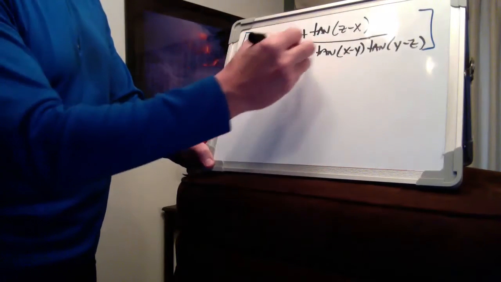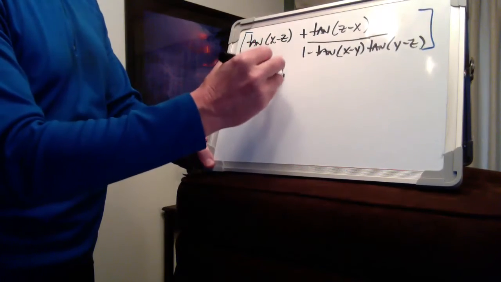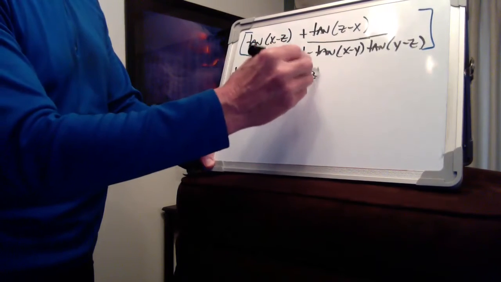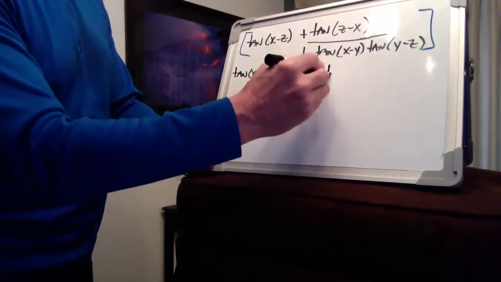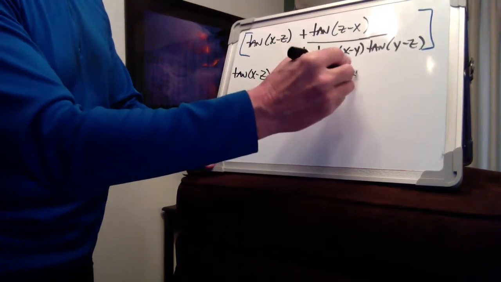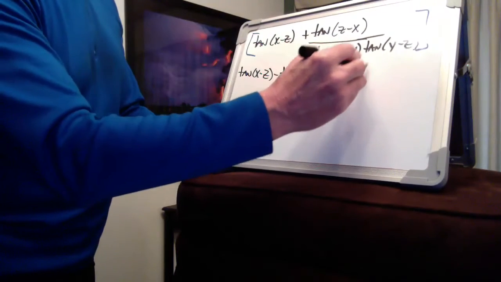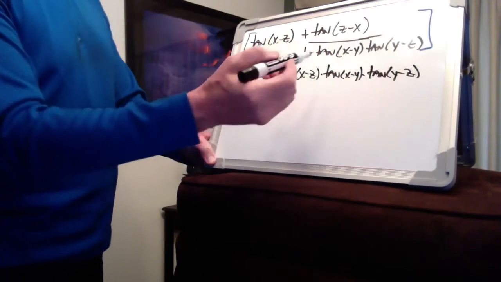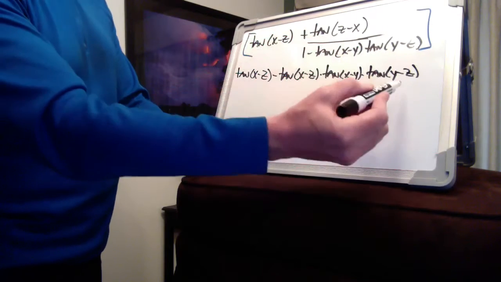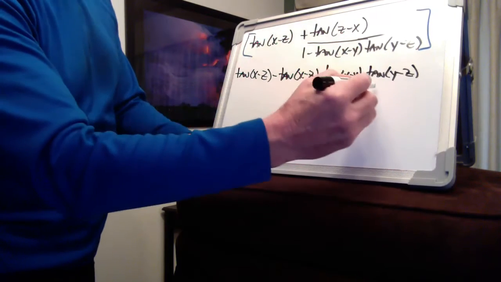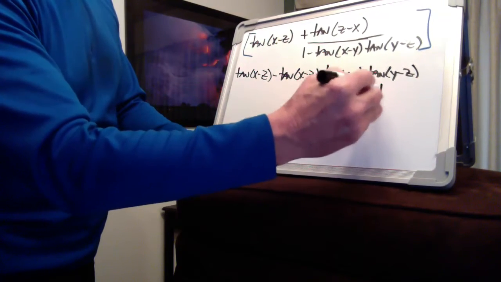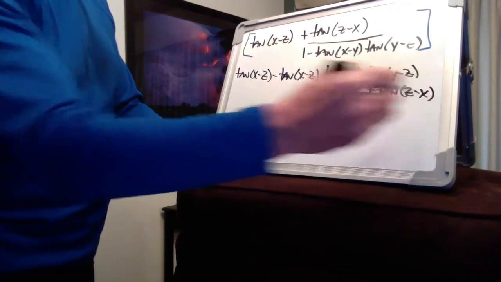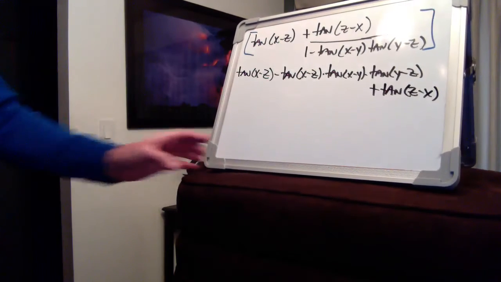So I'll put the minus sign, then I'll put this, times the tangent of x minus y times the tangent of y minus z. Okay, and then I'll have to put this right down here, and I have room here, and then plus tangent of z minus x. Okay.